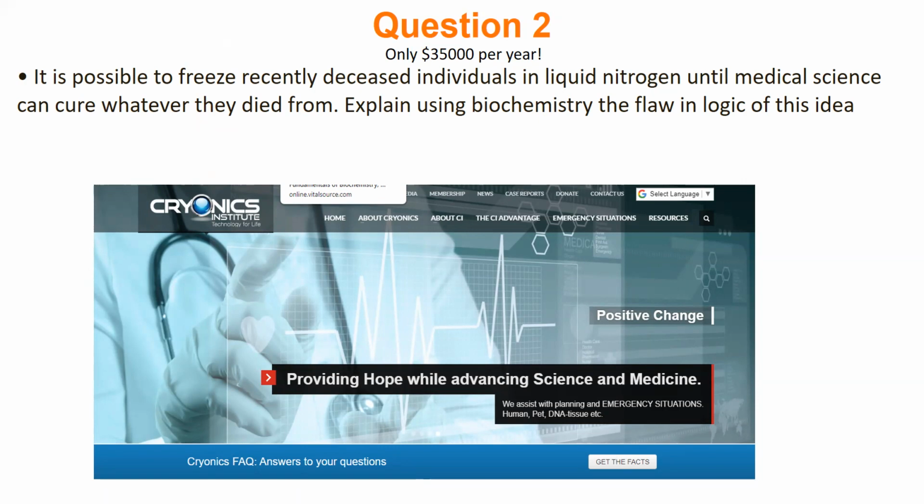Based on everything you have learned in biochemistry, and specifically from what we talked about today, why is this most likely impossible? What is the flaw in this idea? Does anyone have any ideas why you probably should not freeze your deceased loved ones for $35K a year?